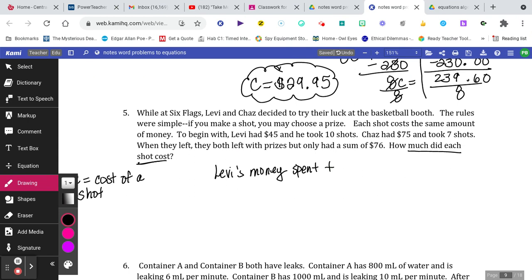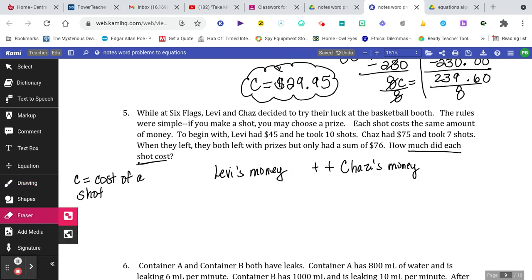Plus Chaz's money spent. And I probably don't want to do money spent. Let's do Levi's money left over. That's going to be better, because if you look, guys, this is what they had left.